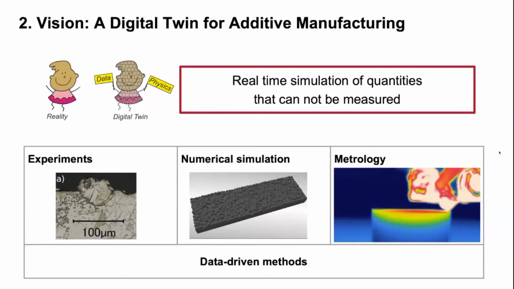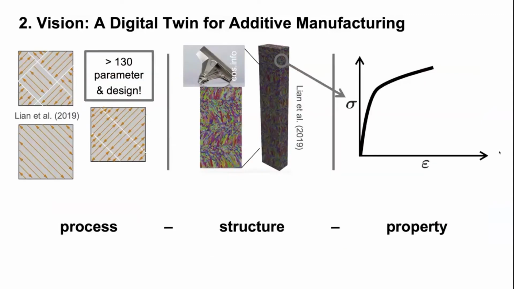So when we think about functionally graded materials, and this is again the big picture, we have the process, which is influenced by more than 130 parameters, and the actual design. We have different scanning strategies. On the structural side, we have simulations available for cellular automata to represent the microstructure, but this is currently only possible for a very few layers.